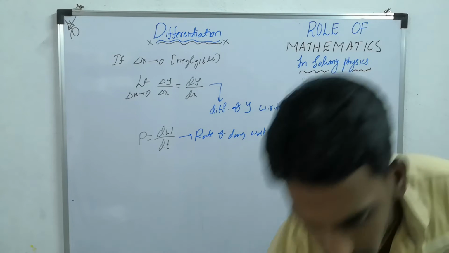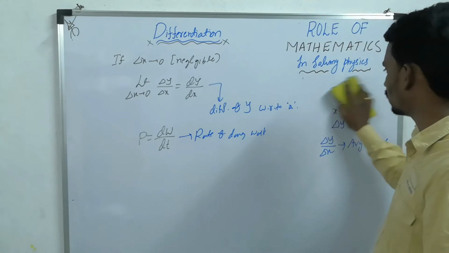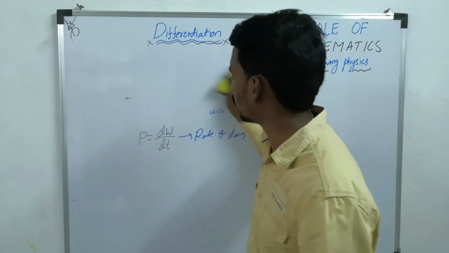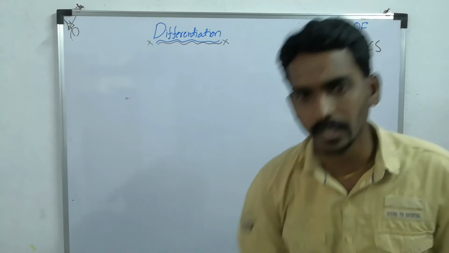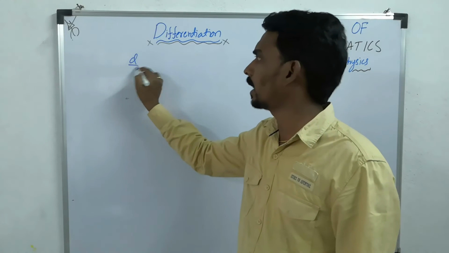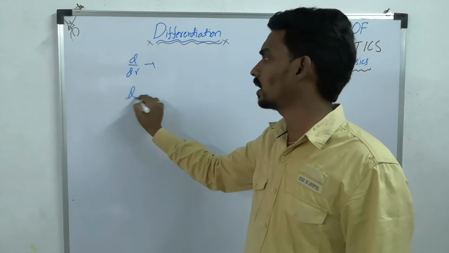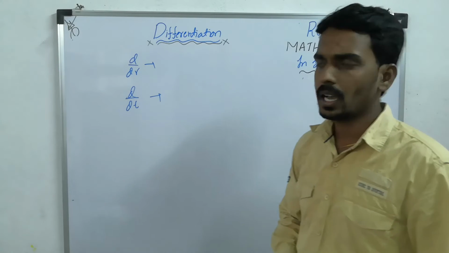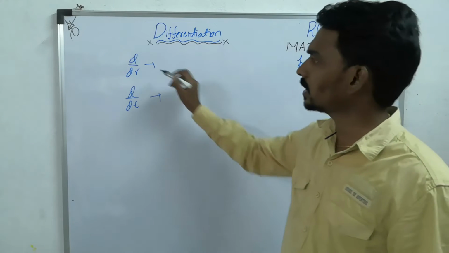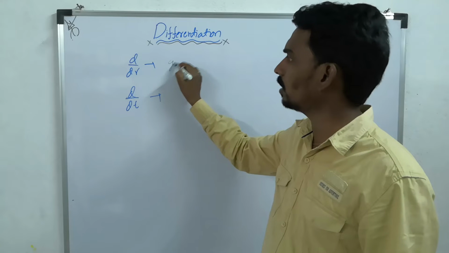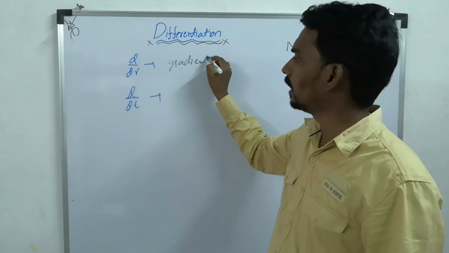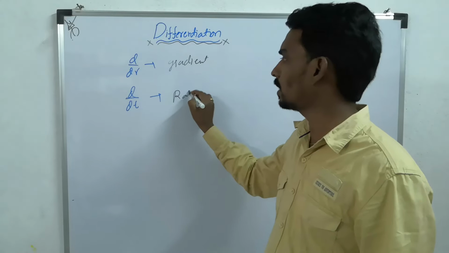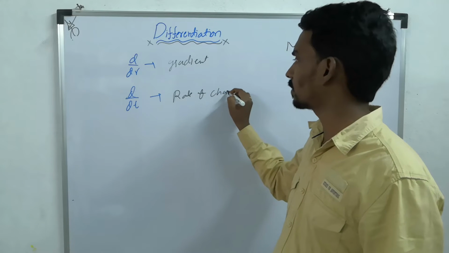Power. And in the whole physics syllabus, two kinds of differentiation will come mainly. One is d by dr and another one is d by dt. R is position. Differentiation with respect to position is called gradient. Differentiation with respect to time is called rate of change.